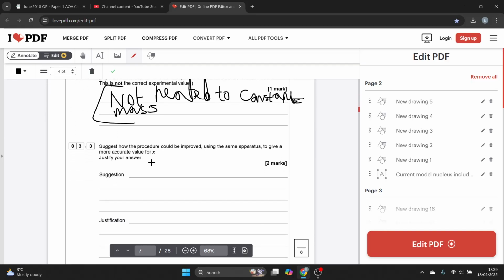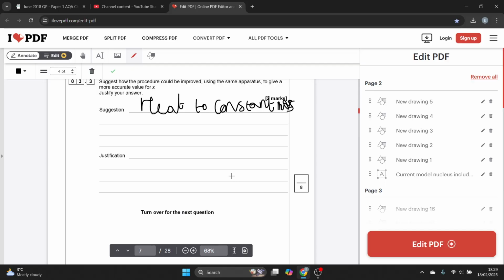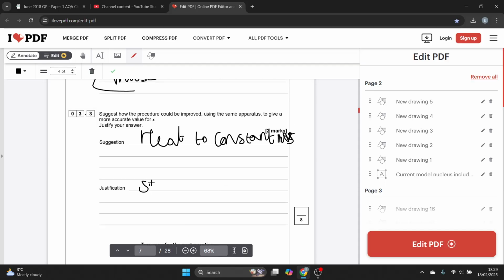So that our procedure can be improved, heat to constant mass. So be sure more of the water has driven off.